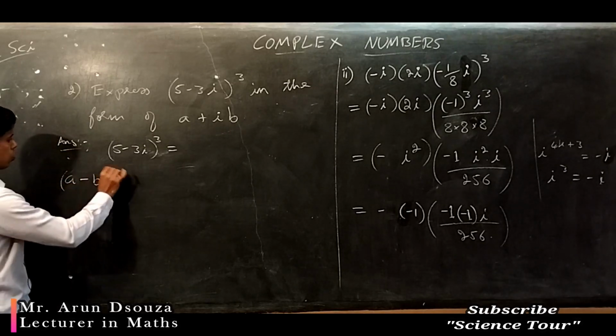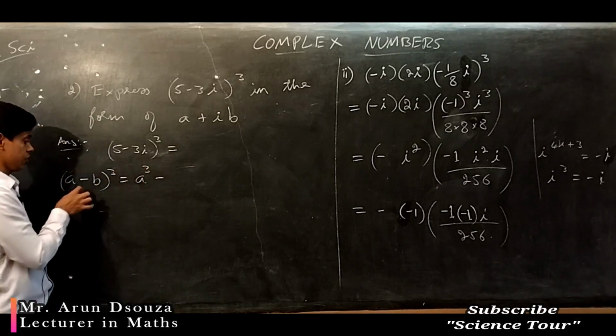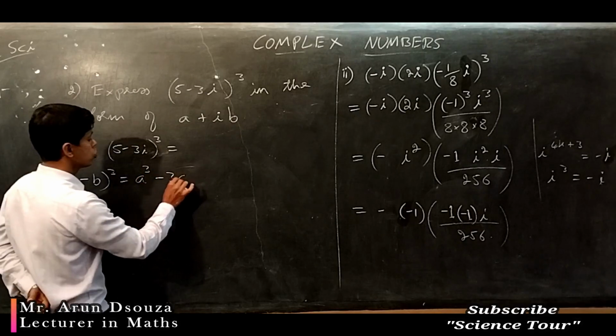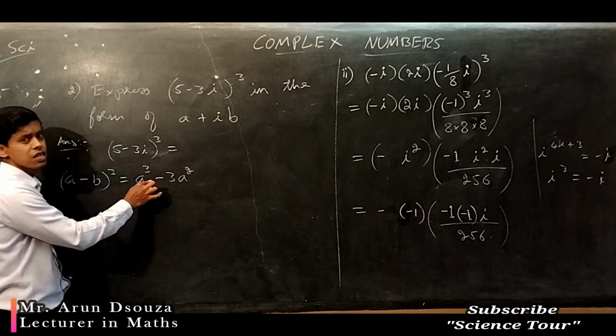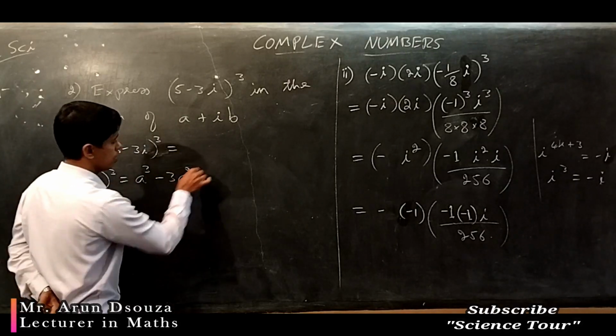So the a minus b whole cube formula is a cube, then minus, if you have minus. Powers of a reduce. What is b here? b to the power 0, therefore it is 1. Now b to the power 1.